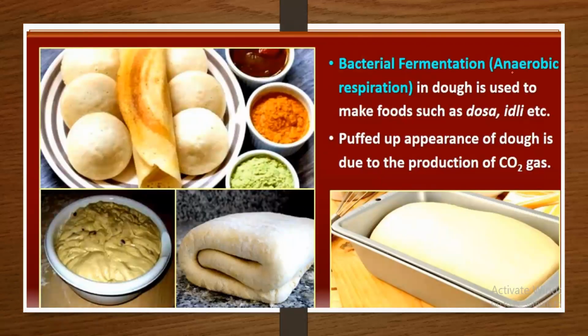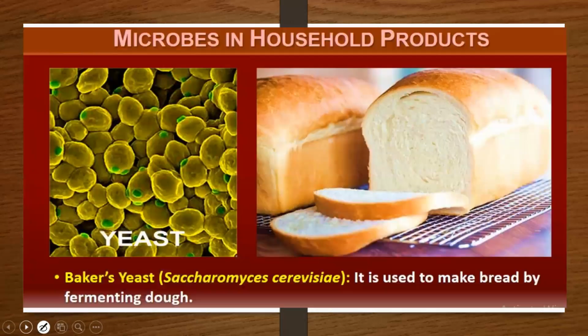Then there are some anaerobic bacteria which undergo fermentation. For example, when we make dosa or idli, the batter is fermented, and it gets a puffed up appearance because of the production of carbon dioxide gas.